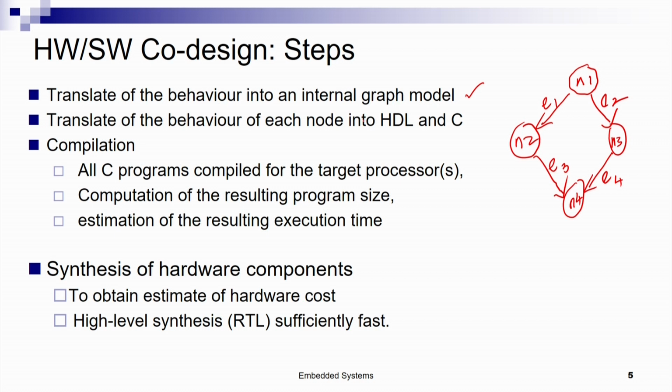So, we translate the behavior into an internal graph model and then translate that behavior into an HDL and C compilation. HDL is a hardware description language like Verilog and VHDL, and C compilation. So, we will have both. For each functionality, we have to have the option of either implementing it in software or in hardware.